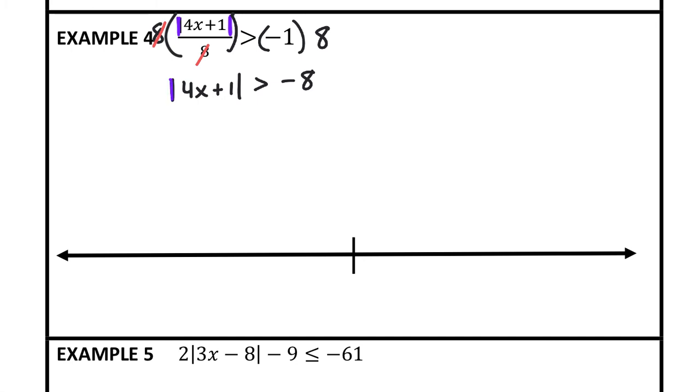And then I have, the absolute value is by itself, and I have a greater than symbol. But here's the twist, right? It's greater than a negative number.